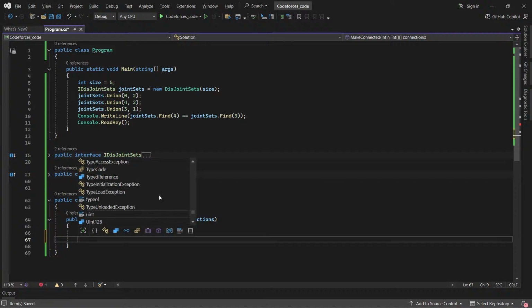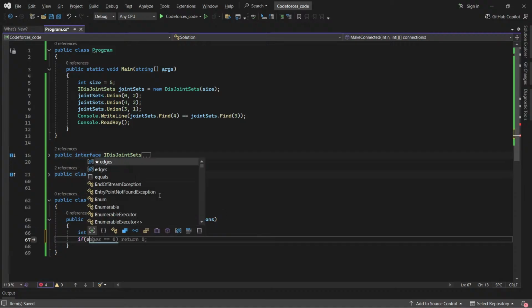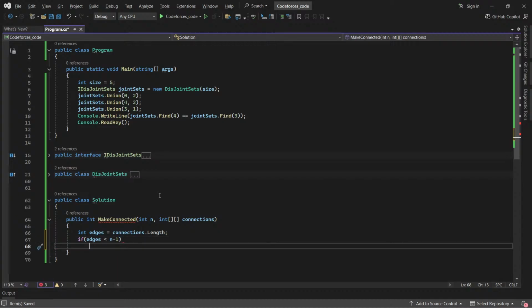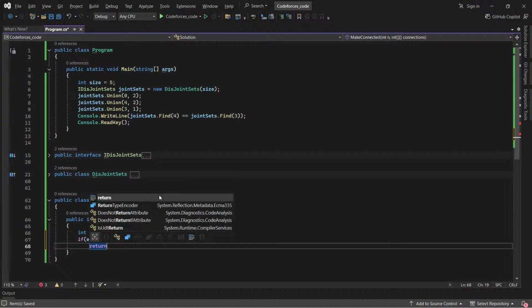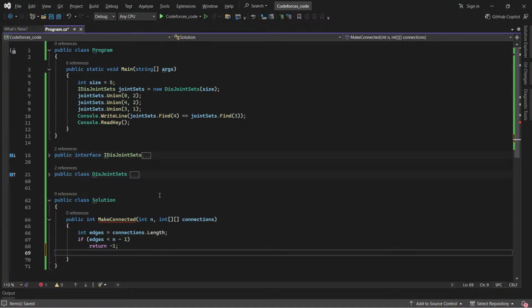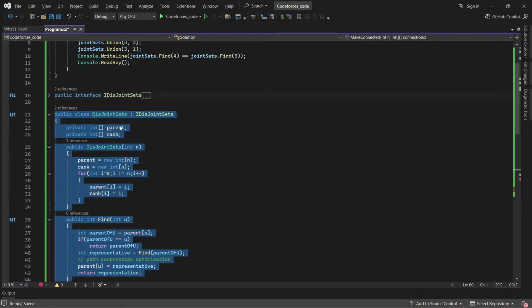And if edges is less than n minus 1, then return -1 because then it's not possible. Because edges are less than n minus 1, we cannot connect all of them. Otherwise, it's just really, really easy.